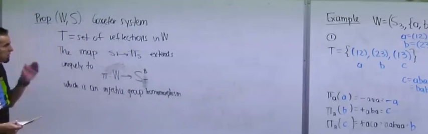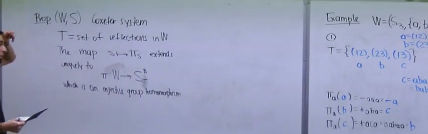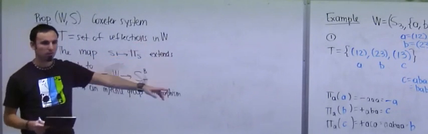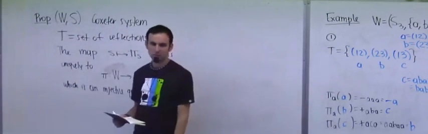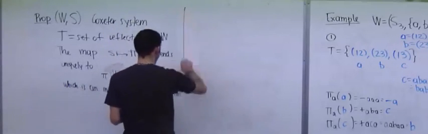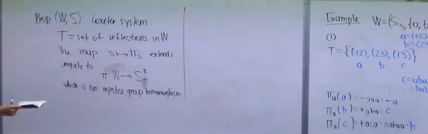And like I said, these are a lot of words which exactly mean that this construction that I performed over here really behaves well. So these permutations are really a model for the group. Okay.